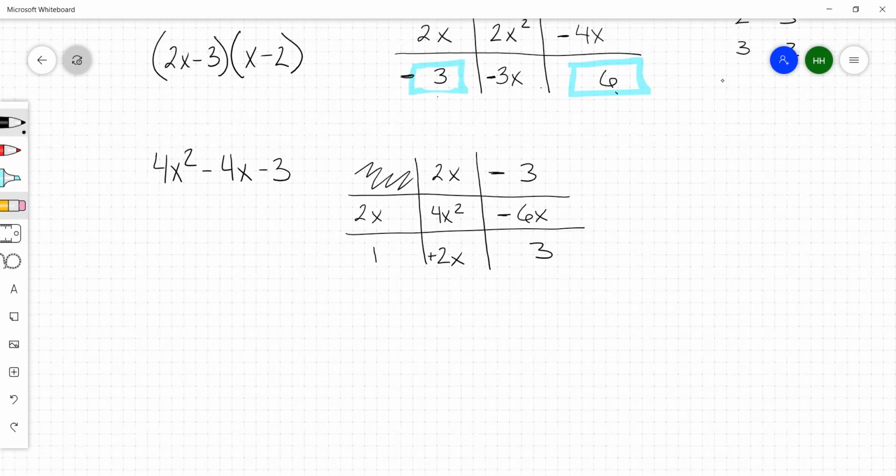So this is going to work, because the 1 times the negative 3 is negative 3, and positive 2x and negative 6x is negative 4x. So here are your factors: 2x plus 1 and 2x minus 3.